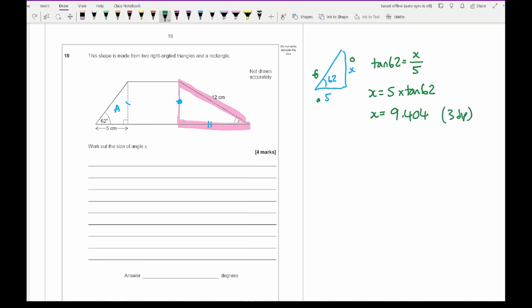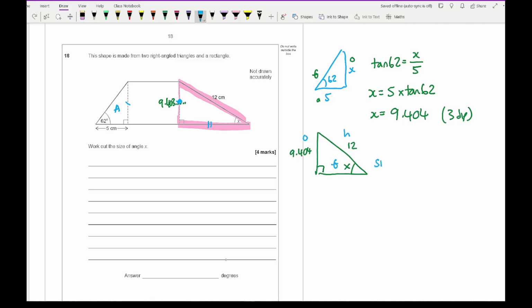Now, if this length here then is 9.404, we can then work out what angle X is going to be. So for angle X, we've got this as being 9.404, and this length, the hypotenuse, being 12. So labeling the triangle again, I've got H, I've got O, and I've got theta.